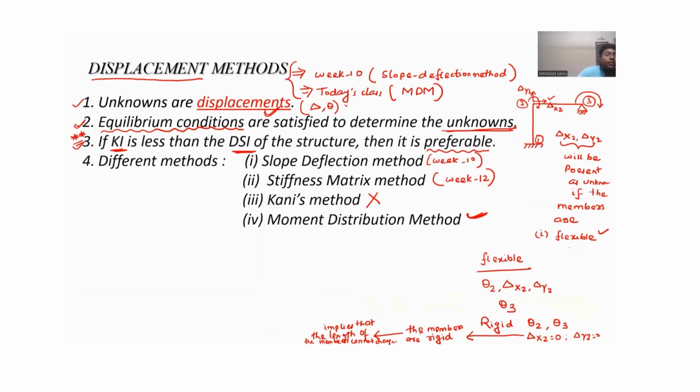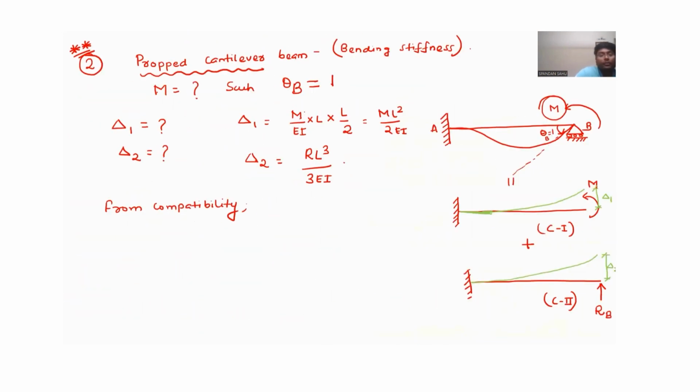Equilibrium conditions. So from compatibility, you can write delta 1 plus delta 2 should be equal to how much? Is joint B moving upward or downward? No. So it will be 0.